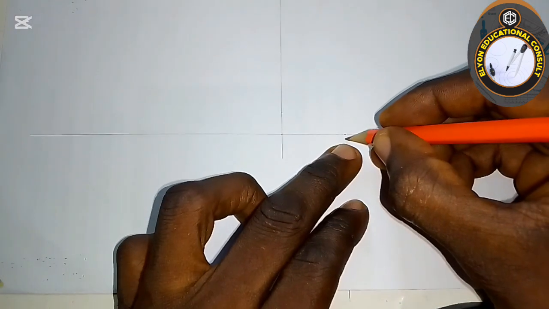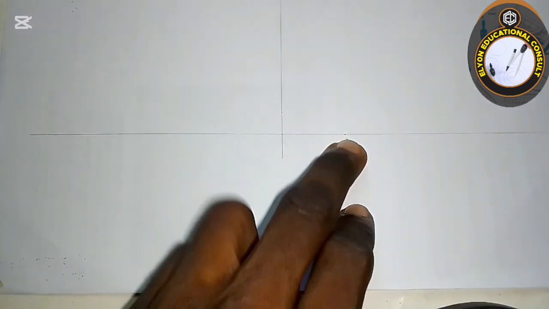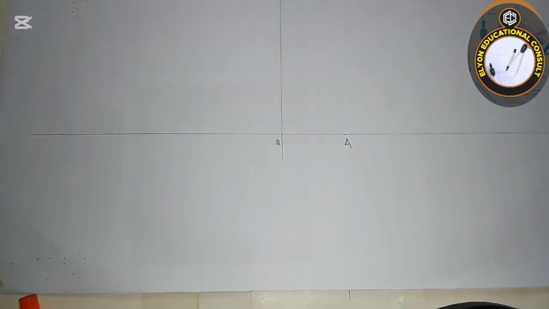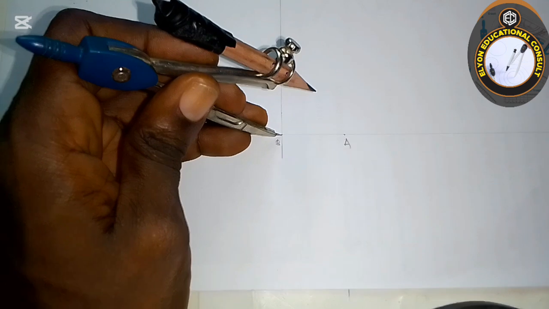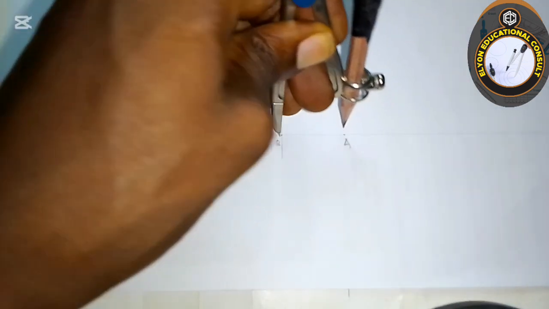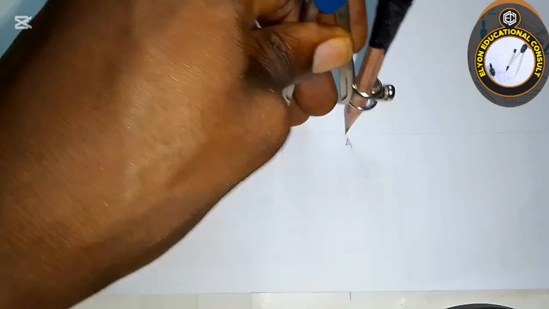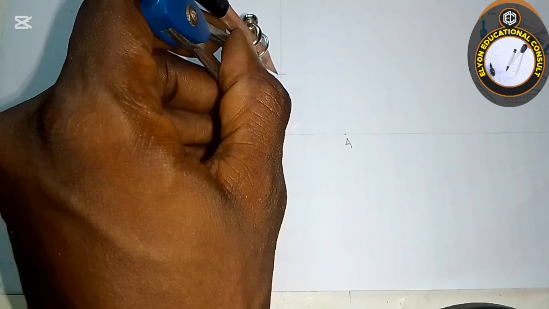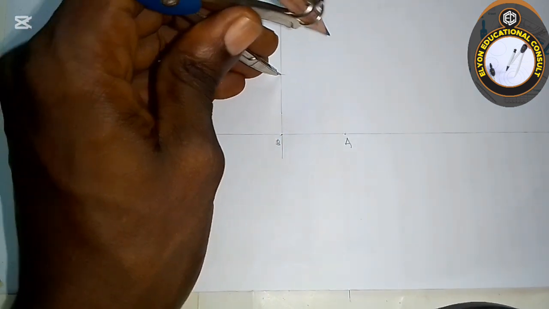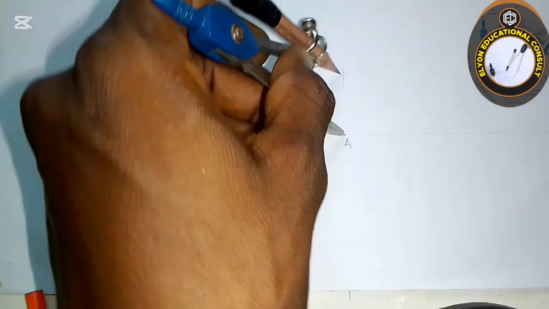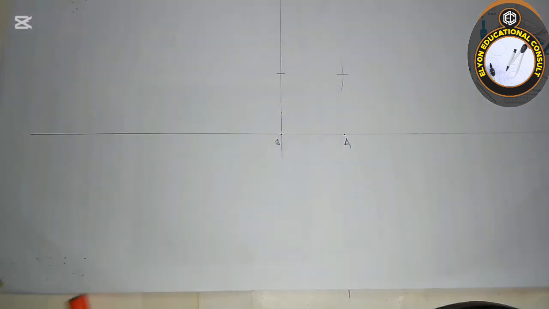If I want the involute to begin here, I'll call this side A and this side B. I will stretch my compass to AB, which is the length of one side of the square. Place the needle here and draw this arc, then place at point A and draw an intersecting arc. That is the point I need there.